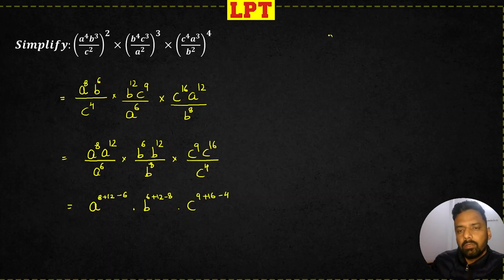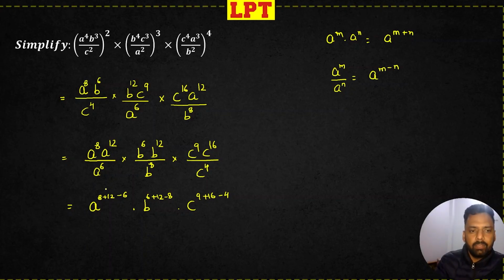Okay, using the rule that a to the power m into a to the power n, we can write it as a to the power m plus n, right? And a to the power m over a to the power n को I can write as a to the power m minus n, right? इसको solve करेंगे तो I will be getting a to the power 8 plus 12 and minus 6.